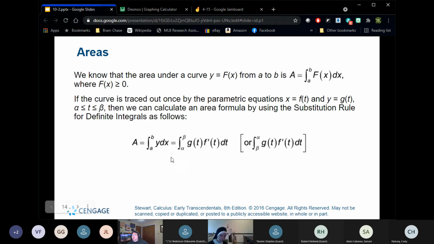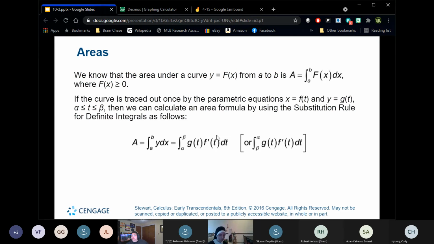So you can write it either way. It just depends on how you're going to remember it. I personally like the y dx. But sometimes when you do y dx, you don't remember that dx is actually the derivative of x. So you forget that part, and then you're all confused when you have a t in your derivative and you're trying to derive by x.